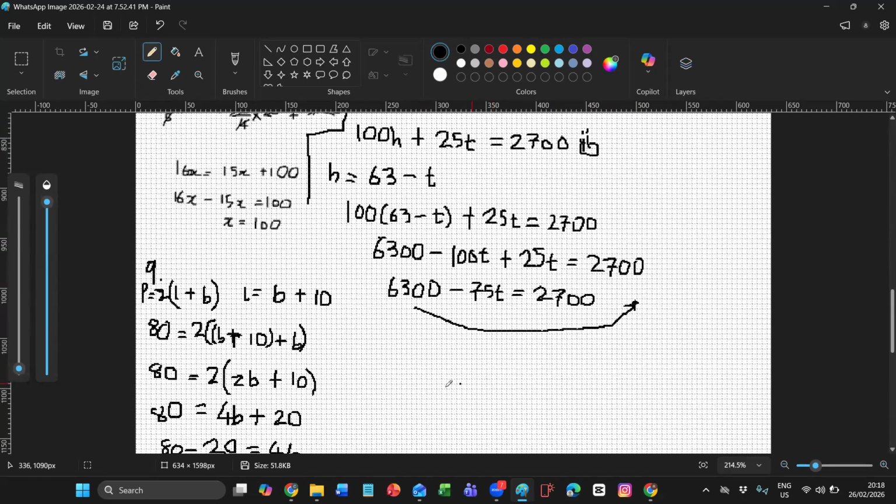If I do that, I'll be left with minus 75T on the left-hand side, and on the right-hand side, I'll have 2,700 minus 6,300.